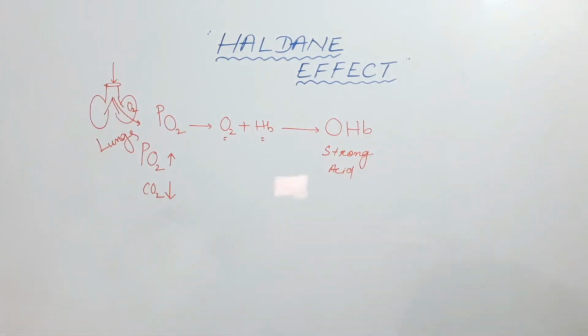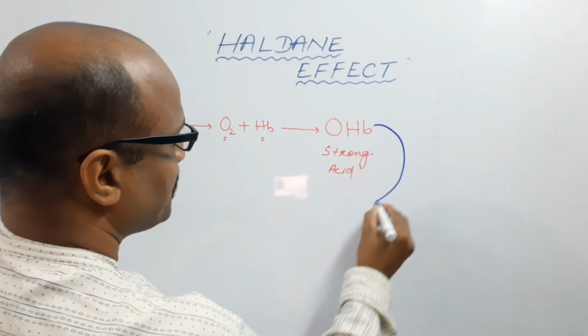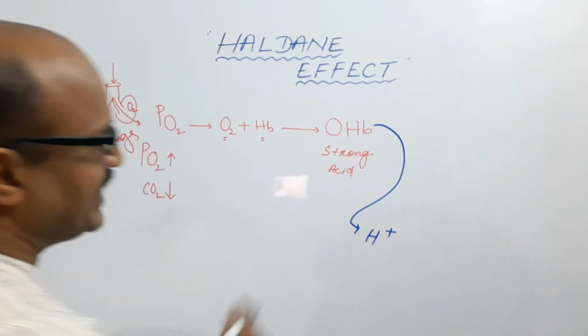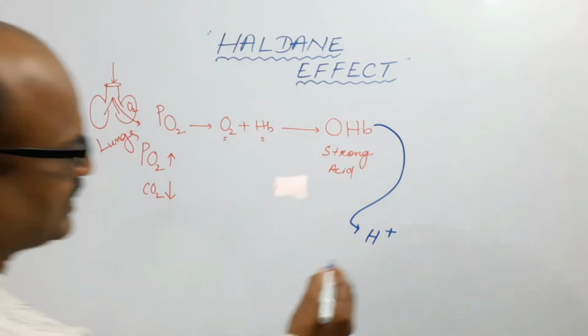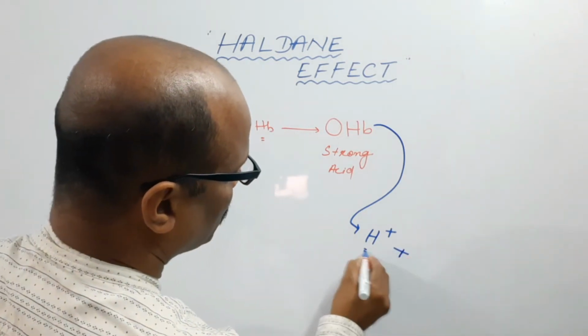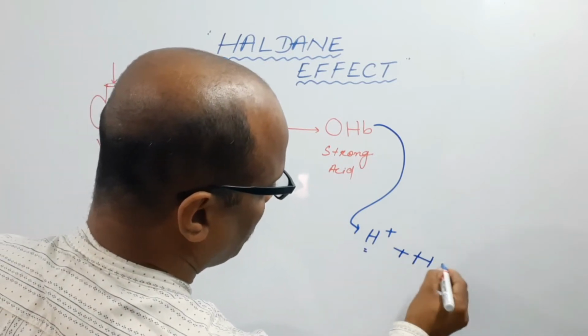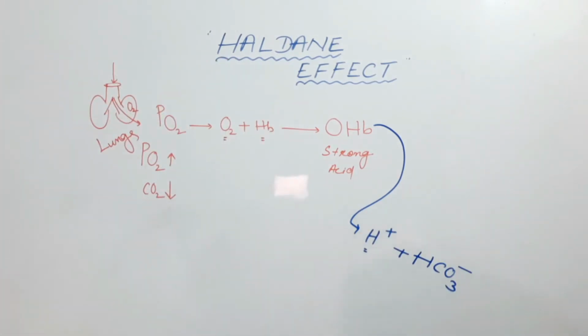From this strong acid, H plus ions are released. More and more H plus ions are released from the oxyhemoglobin, and these H plus ions combine with the bicarbonate ion, HCO3.